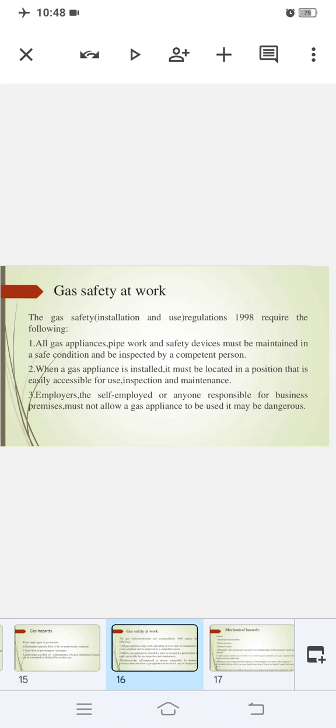Bag type filters can also be attached to the machine where the dust is produced. The air which contains the dust is sucked by the filters or blown through a filter whose pore size is sufficiently small to retain the particles, and this filter medium stops the particles by impact, interception, diffusion and settling. These are the basic working phenomena of filtration.